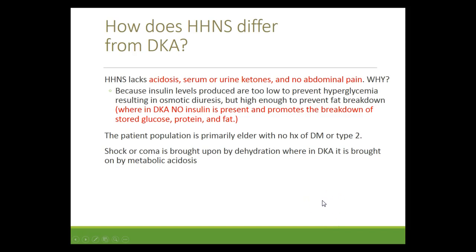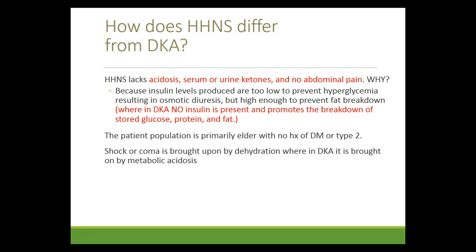So, what is the difference between HHNS and DKA? HHNS, lax. Make sure you know what's in red here. Lax acidosis, serum or urine ketones, and no abdominal pain. Why? Because insulin levels produced are too low to prevent hyperglycemia resulting in osmotic diuresis, but high enough to prevent fat breakdown, so that's why there's no ketones.